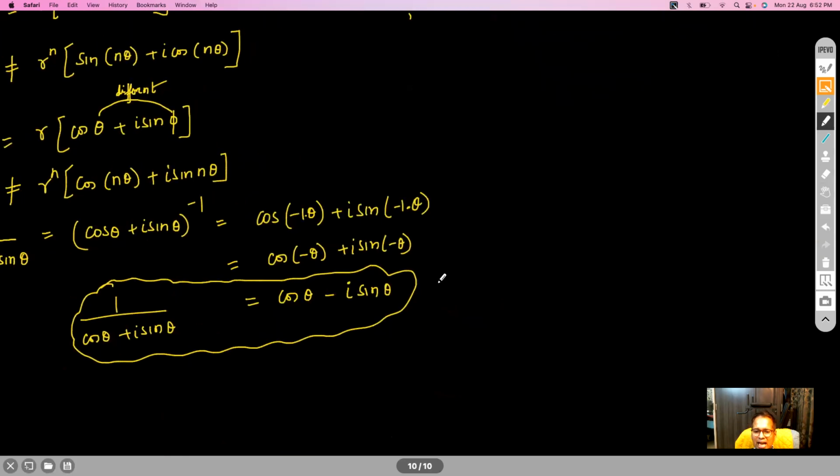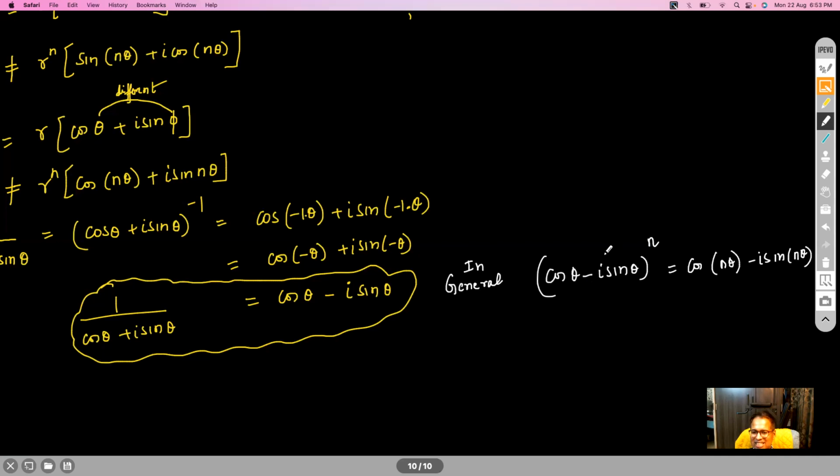And the generalization of this is, so in general you can say that if you have cos theta plus i sin theta raised to the power of, sorry, there's a minus here. If you have it raised to the power of n, it can actually follow de Moivre's theorem. So here de Moivre's theorem will be applied, but not to the first two cases, right?